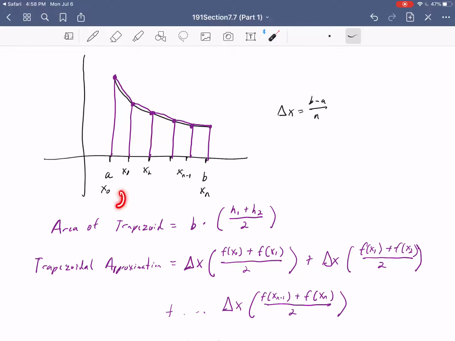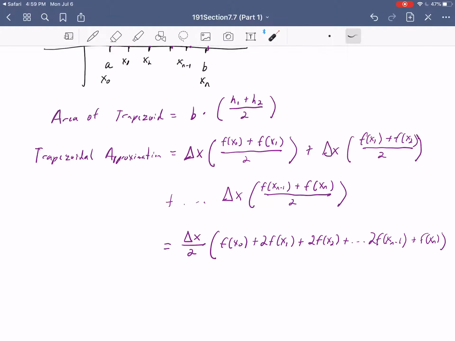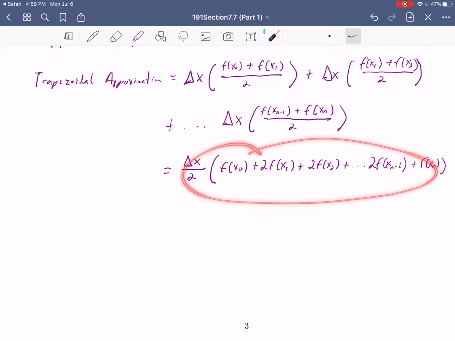That's why we ultimately have 2 f of x sub 1. For x sub 0 and x sub n, those are only used once. This one is only the left end of the first trapezoid, and this one is only the right end of the last trapezoid. So that's why we have this weird formula where everything in the middle gets a multiple of 2, but the two ends do not.